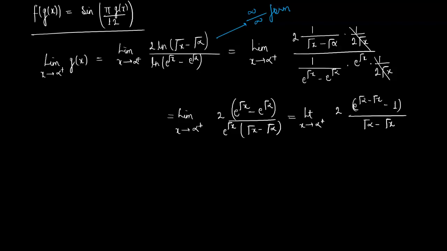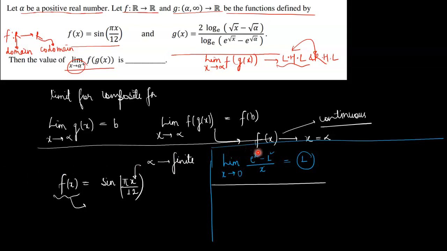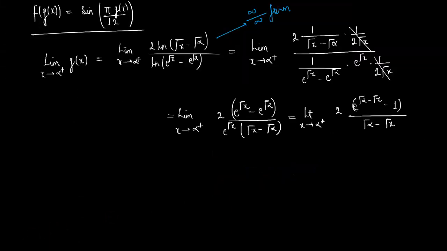Okay, so we can see in our standard limit that this argument was tending to 0 and this variable was also going to 0. So let me do one thing here.